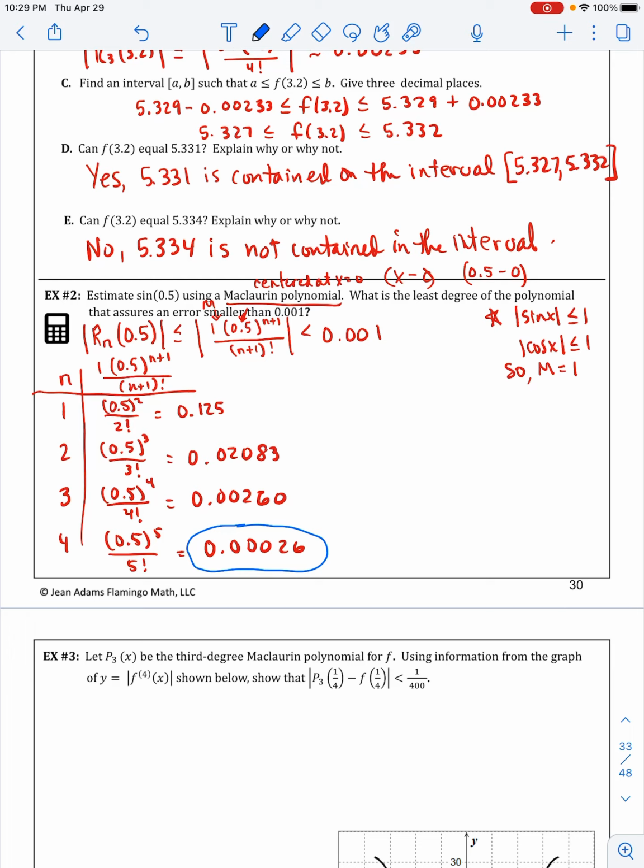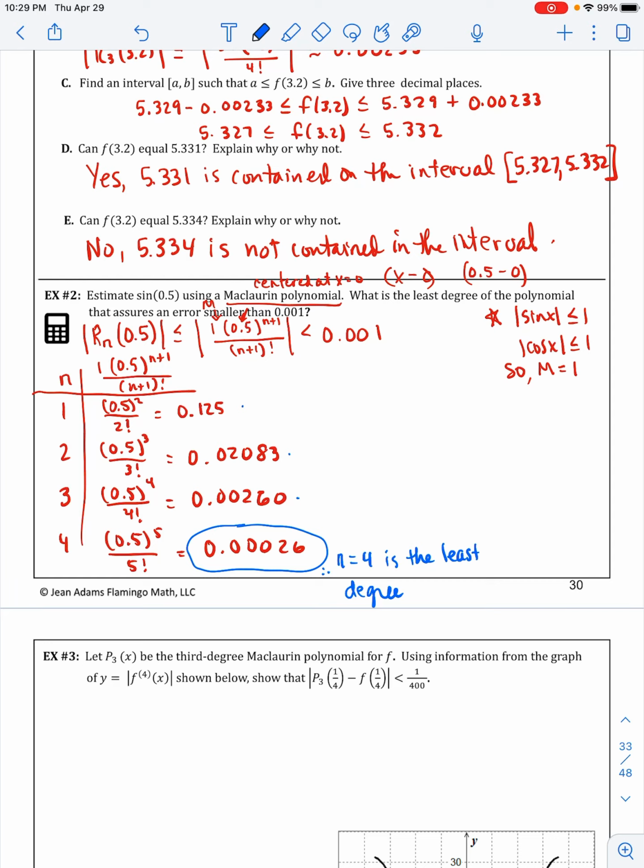0.00026. So the first one that you actually see is less than 0.001 is this one, okay? This one still wasn't, so this one isn't, this one isn't, this one isn't. This is the first one that is. And so that tells us that n equals 4.